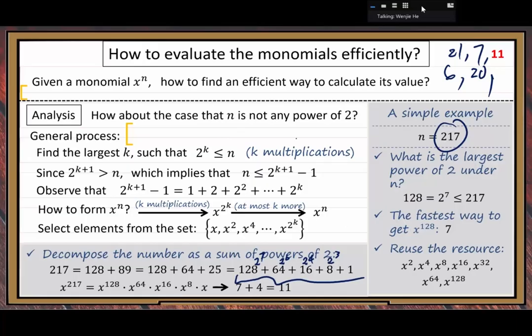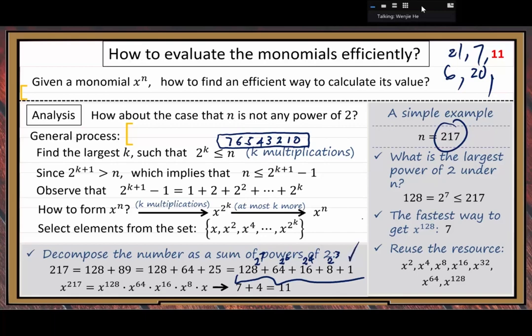Position 0, 1, 2, 3, 4, 5, 6, 7. So the position number. Let me put it here.